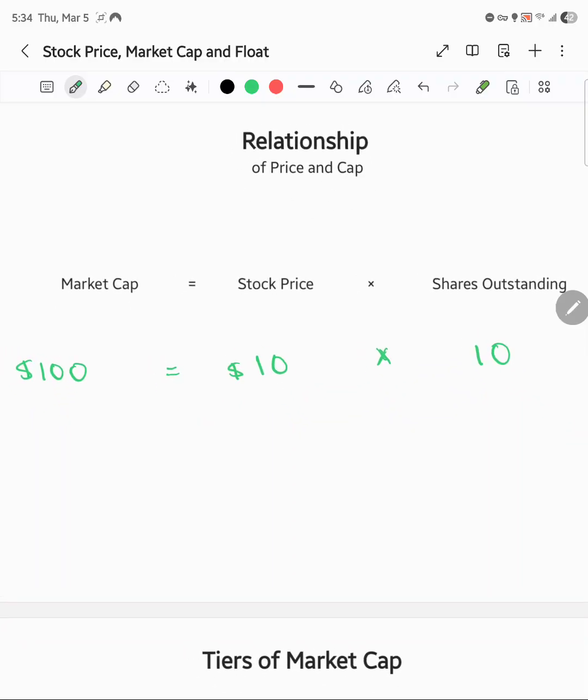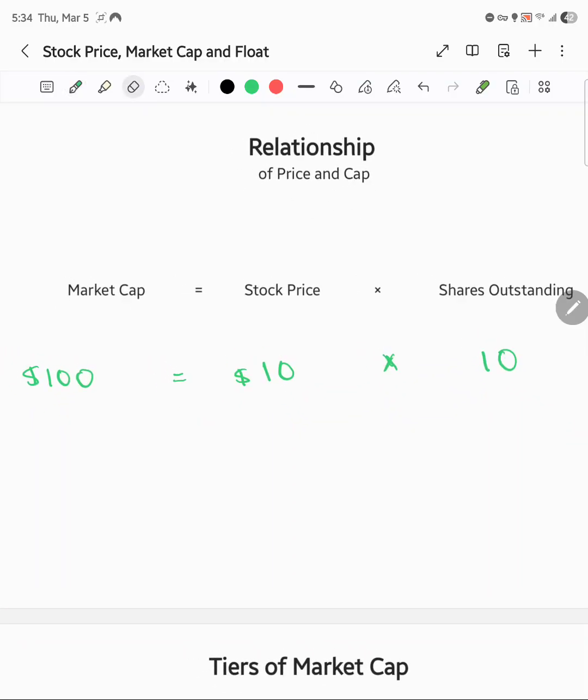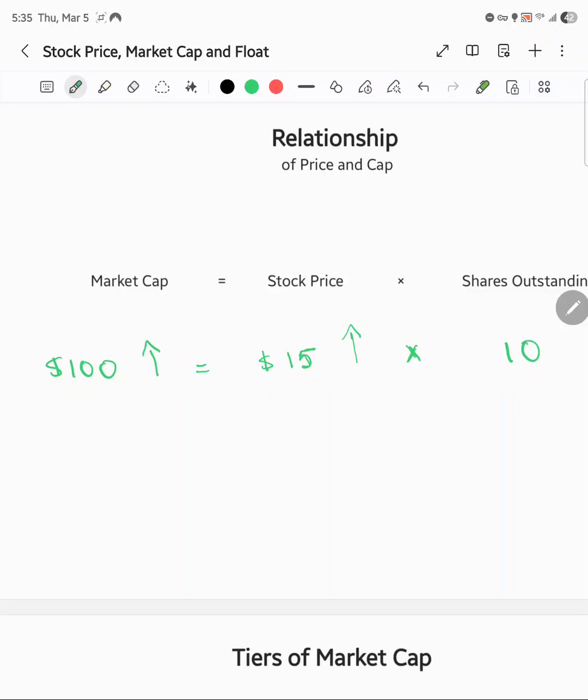Now let's say the price goes up to, let's say, $15. If the price goes up, the market cap will also go up to 150 instead of 100.